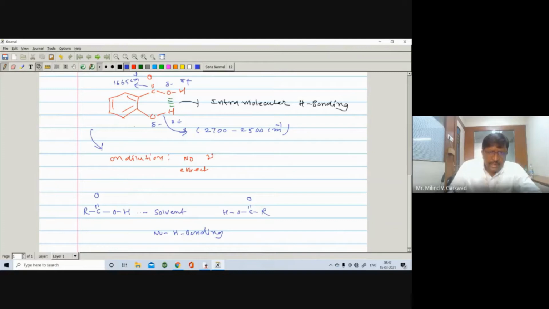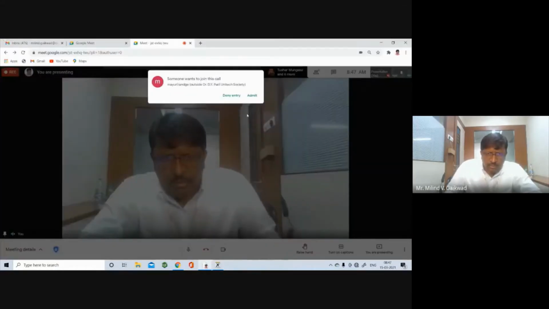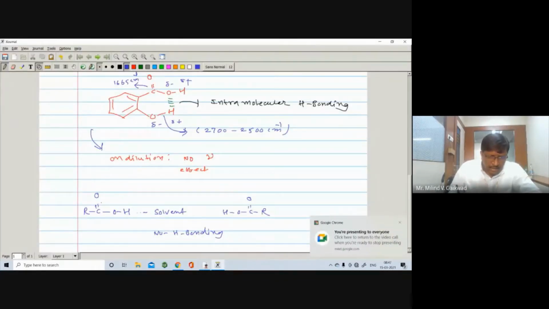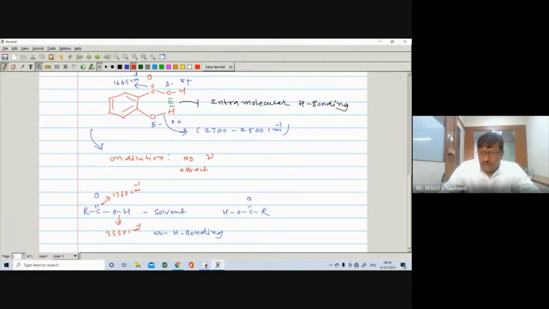As there is no H bonding, in this case the CO will appear at 1760 centimeter inverse, and the OH will appear at 3550 centimeter inverse.